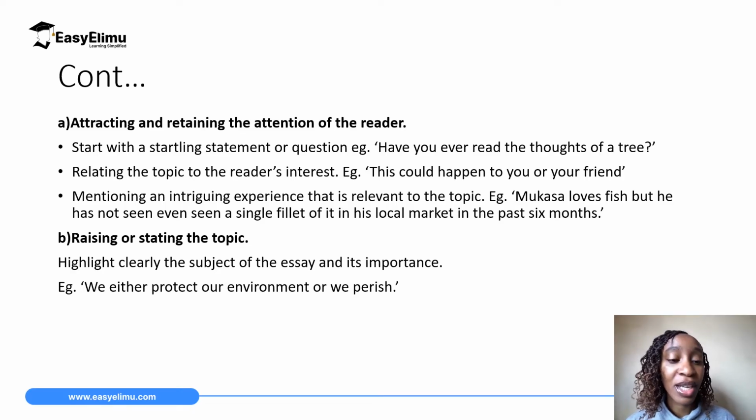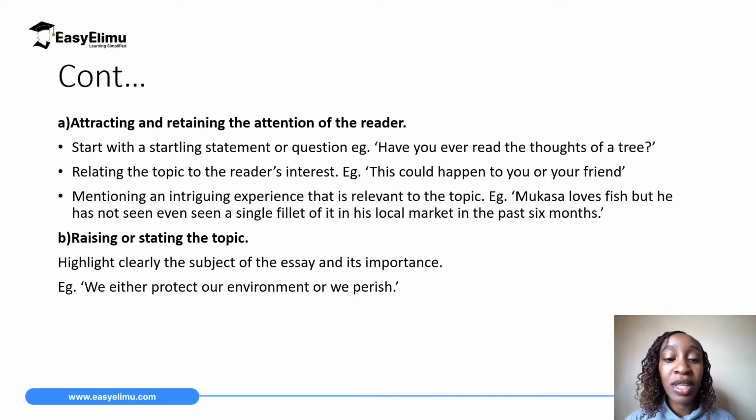And number three, mentioning an intriguing experience that is relevant to the topic. So depending on what you're talking about, you can mention an intriguing experience. For example, Mukasa loves fish, but he has not seen even a single fillet of it in his local market in the past 6 months.